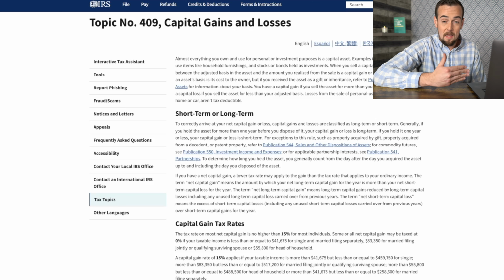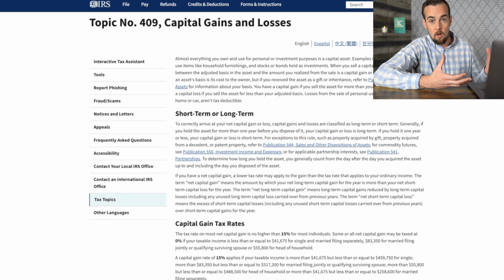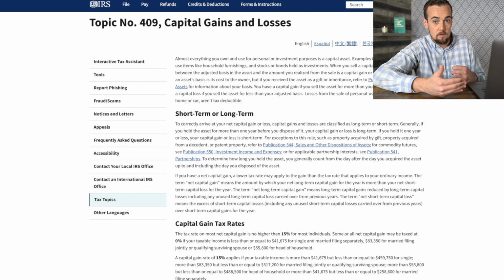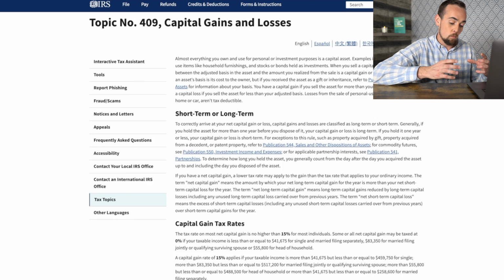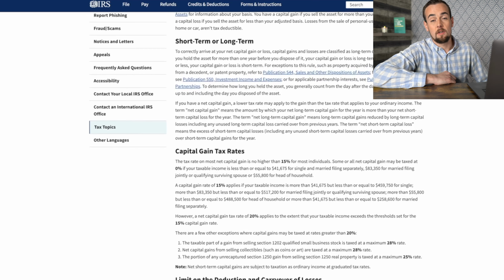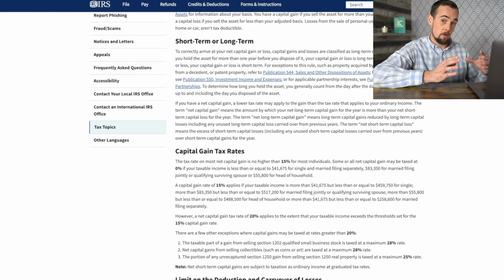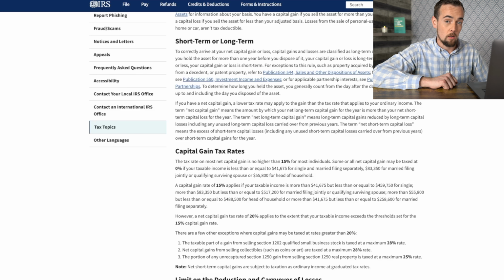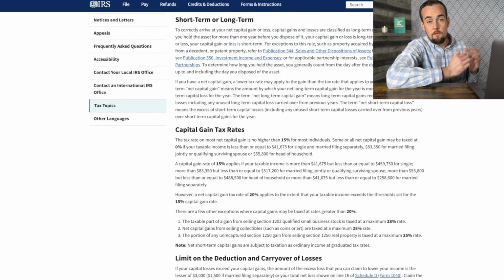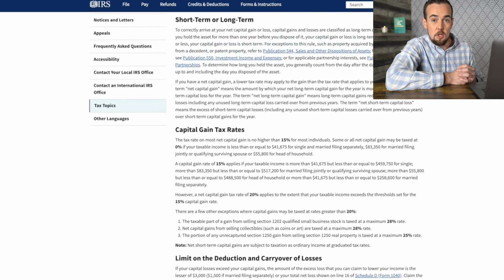If you have gains at the end of the year, meaning you've sold off stocks and your capital gains exceed any capital losses that you may have taken, then what's left over there is your net capital gain. And that net capital gain is going to be taxed at either a short-term or long-term rate, depending on how long you held the particular asset. If you own an asset for less than 1 year, it's going to be taxed as a short-term capital gain, which will be the same tax rate as the income from your job.